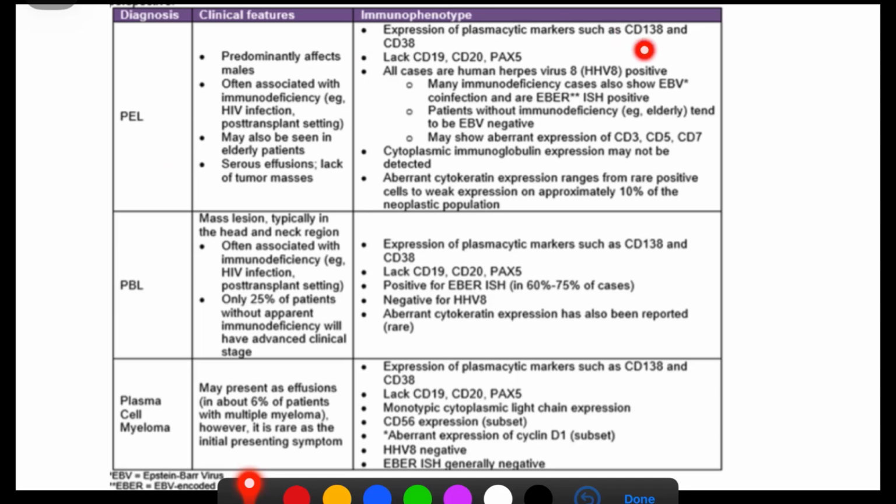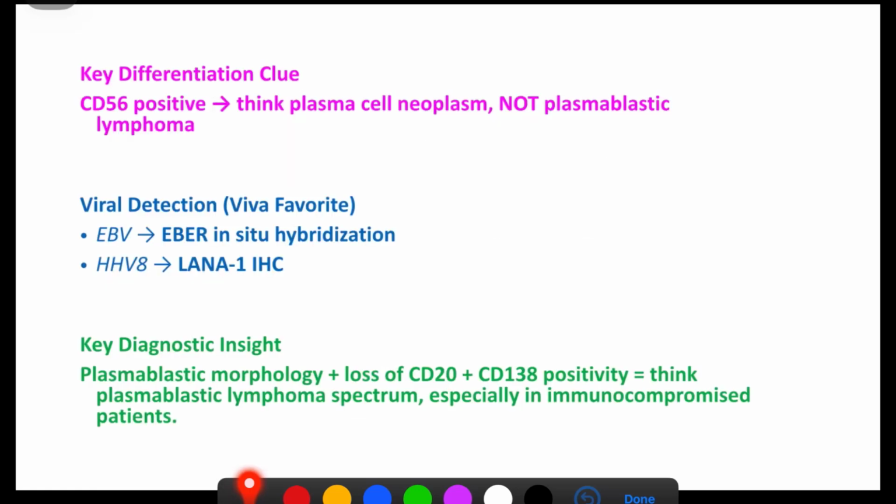So this is a differentiating table of primary effusion lymphoma, PBL and plasma cell myeloma. So you go through this table, which is very important to differentiate plasmacytoid appearance of lymphoma and plasma cell myeloma.